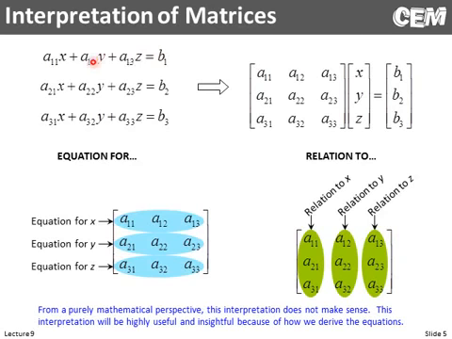So we'll even call it the equation for x. Even though it contains x, y, and z, and from a pure mathematical perspective has nothing more to do with x than it does y and z. But we're going to call this first equation, or this first row, the equation for x. So the second equation will be the equation for y, and the third equation will be the equation for z.